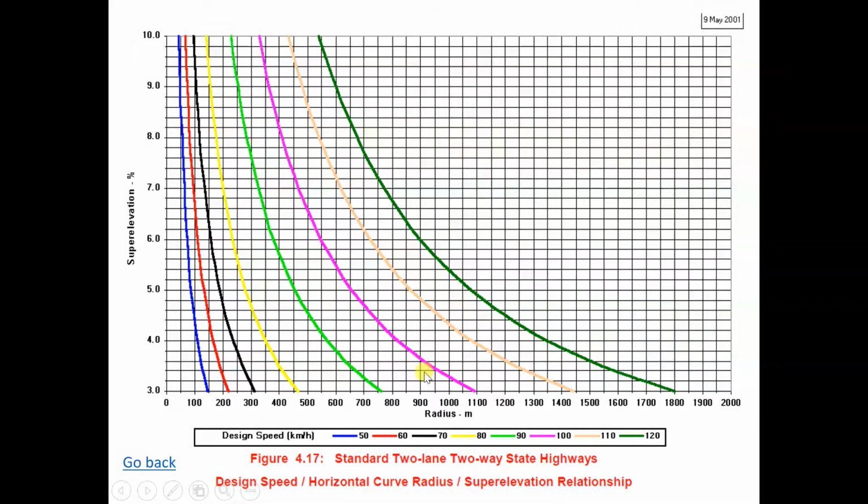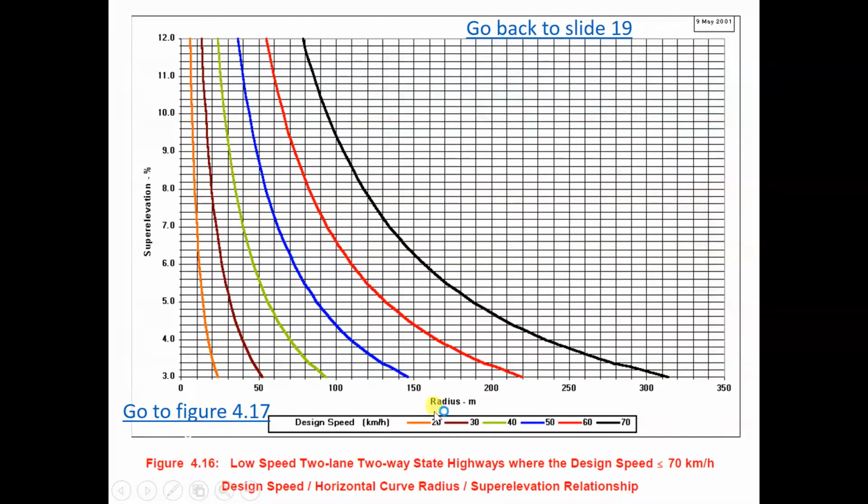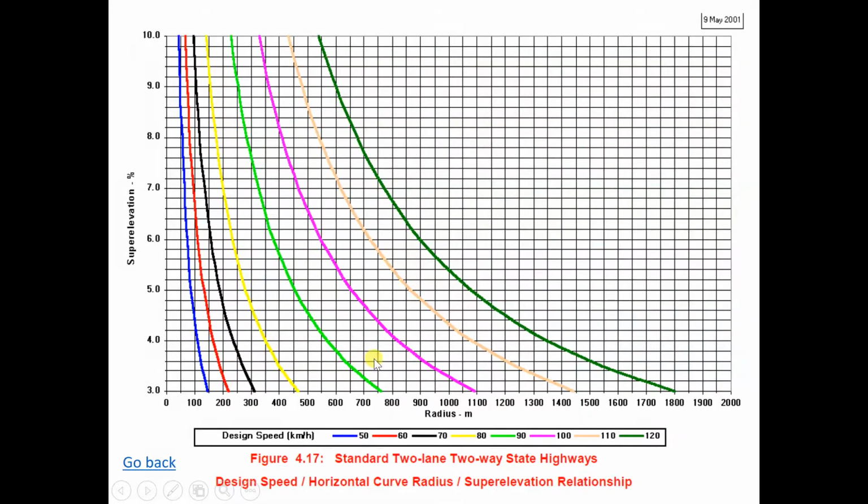So just now we said 80 kilometer, and that the radius is 300 meter, and the 85 percentile speed of 80k is 74.